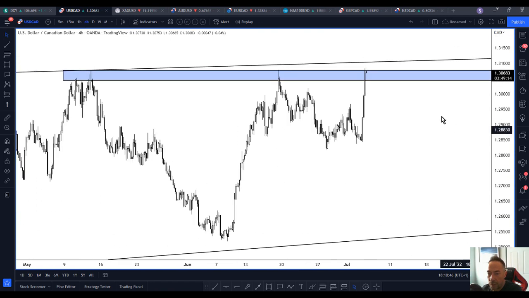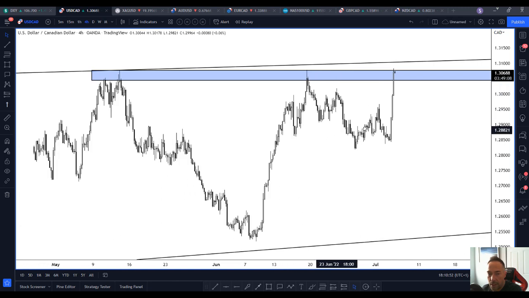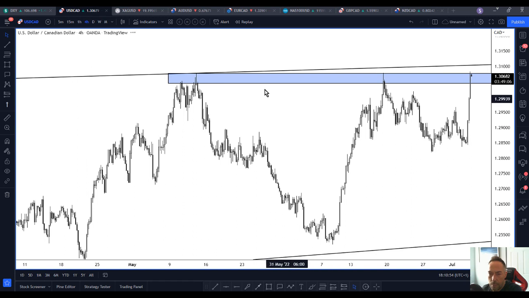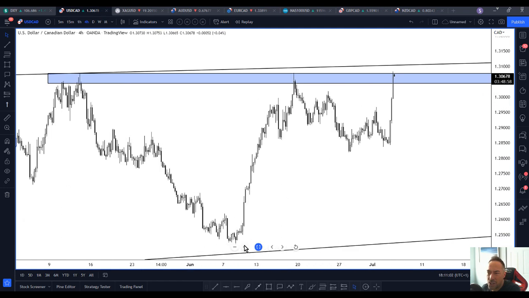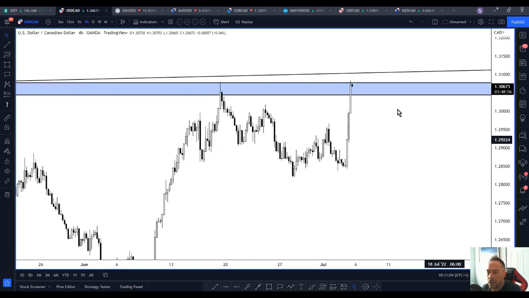This was a moving evening star pattern here, 1, 2, 3, which would have led to some downside there. Another one here, 1, 2, 3. Now, I wouldn't use this one as the first candle because, well, you could do actually, but it's such a big candle. But you could, yeah, this could be candle 1.